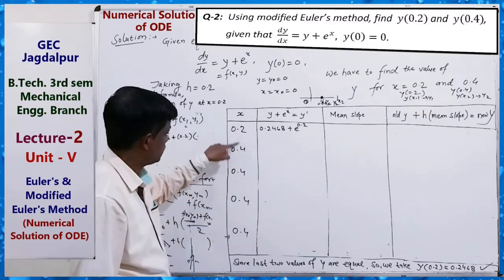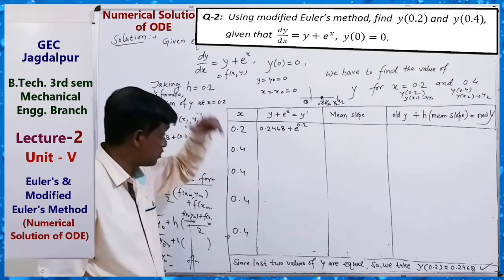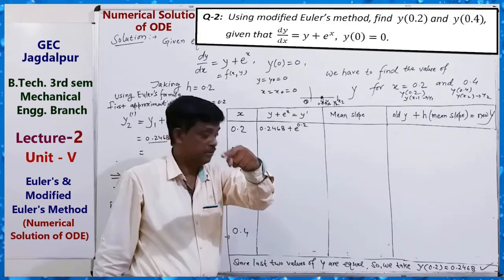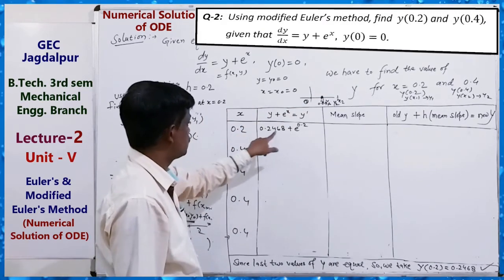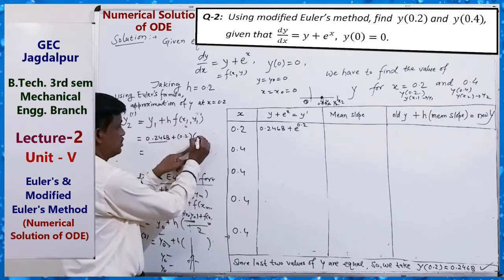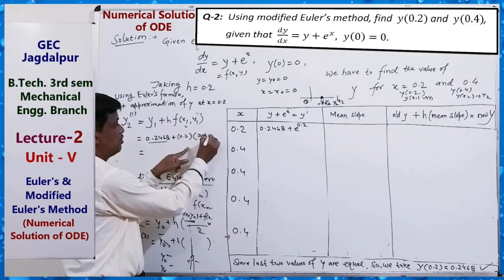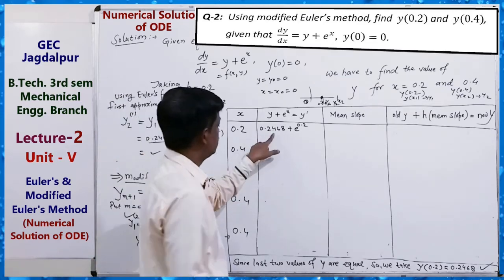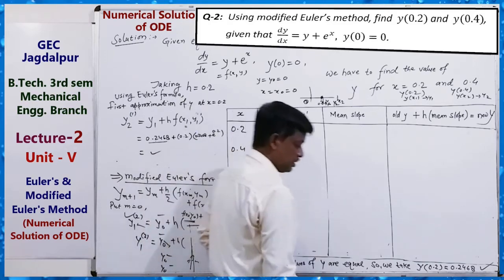So x is this. Now for the first point, Euler's formula, so this and slope of here, just 0.2468 plus e to the power 0.2. Now you can calculate its value. Okay, this is equal to, just calculate it.